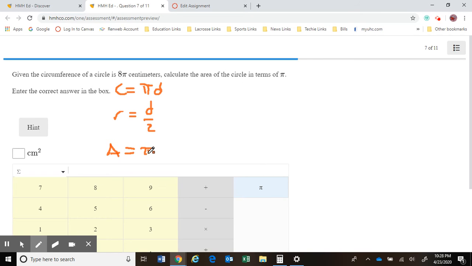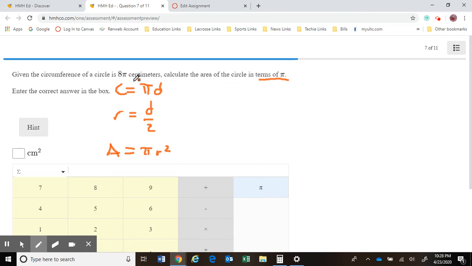The circumference is 8 pi, and it says to leave my answer in terms of pi. That tells you right away what your diameter is.